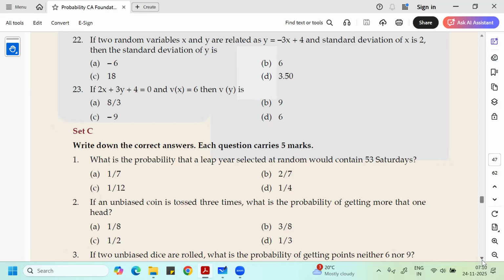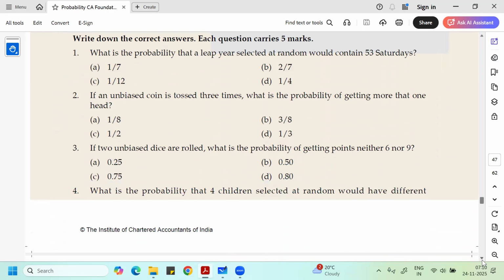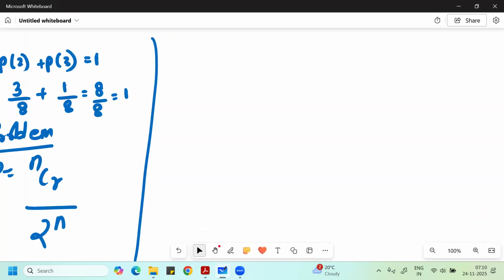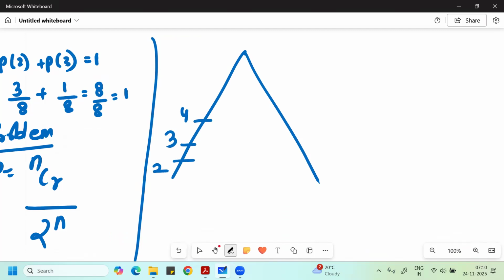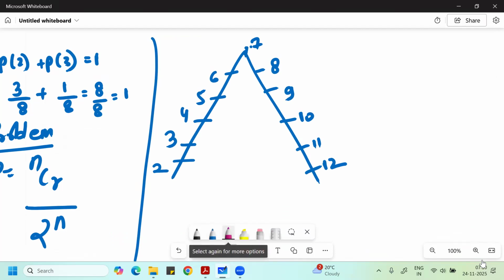Again, if two dice are rolled together, I have told you the shortcut way. If two dice are rolled together, the sum would be either 2 or 3 or 4 or 5 or 6 or 7 or 8 or 9 or 10 or 11 or 12. These are the possible cases of your sum.